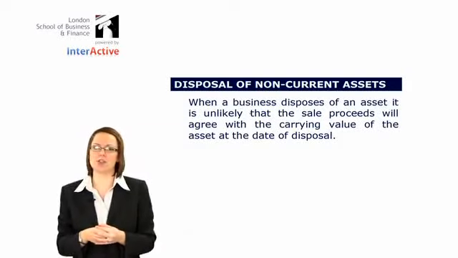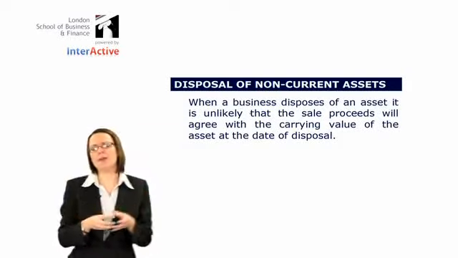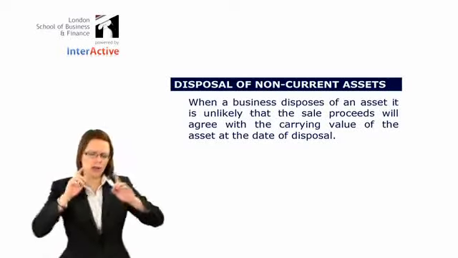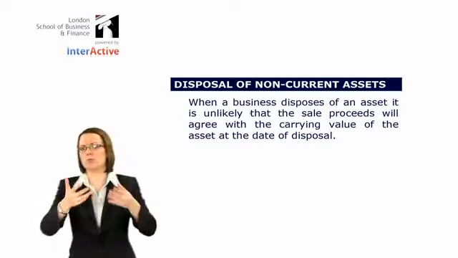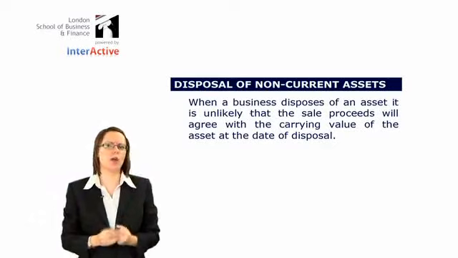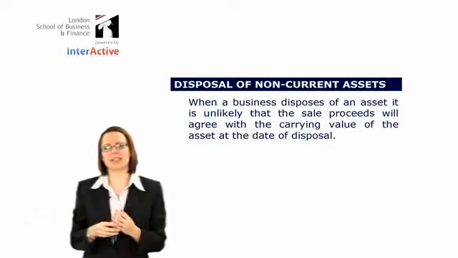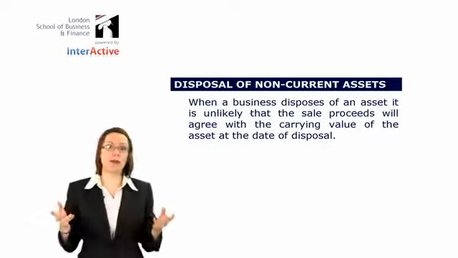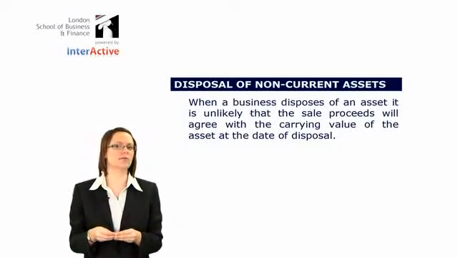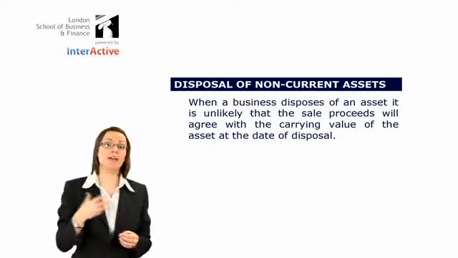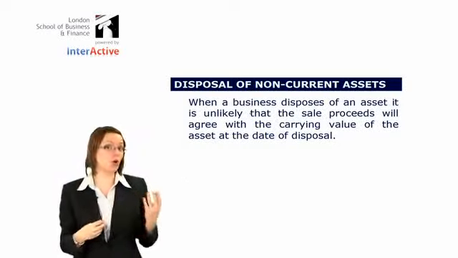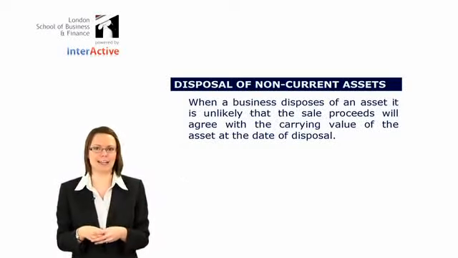and as a result, got a little bit of a reduction in the cost price of the new asset by that part exchange. And then when we think about it, okay, well, I've sold the asset for, I don't know, £2,000, but I'm removing it from my books at its carrying value, which may only be £1,000. As a result, I may have made a profit or loss on disposing that asset.